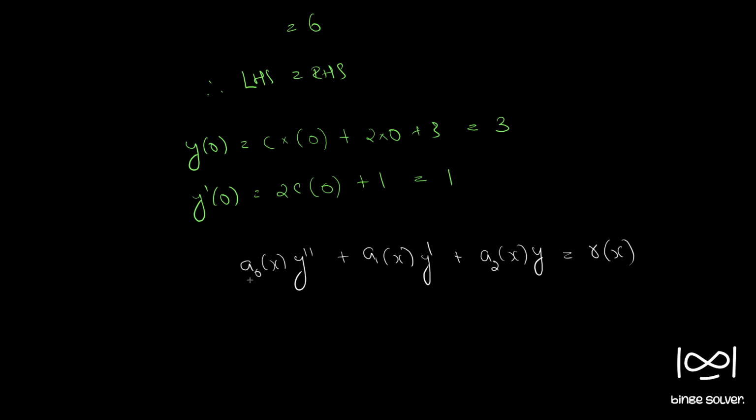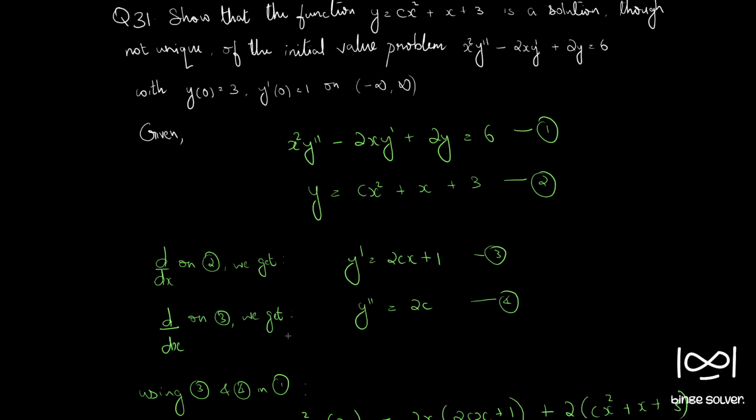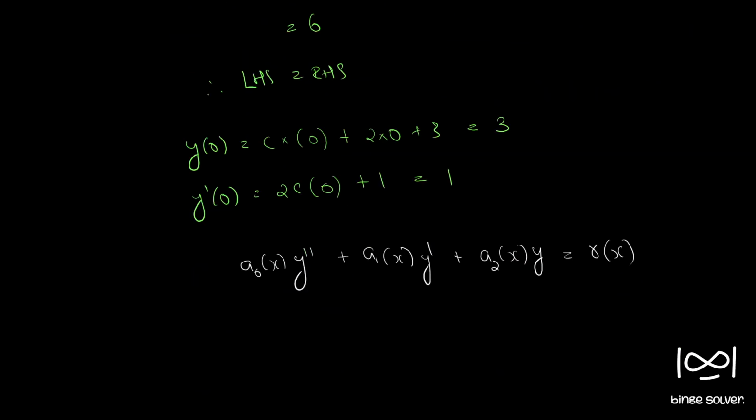We wrote down a second order linear differential equation, the general equation, and comparing the coefficients with the given differential equation, we can see that a0(x) is x², a1(x) is −2x, a2(x) is 2 and r(x) is 6.